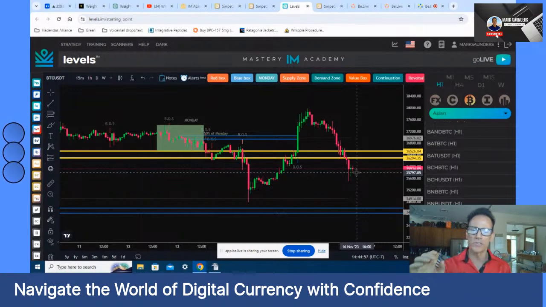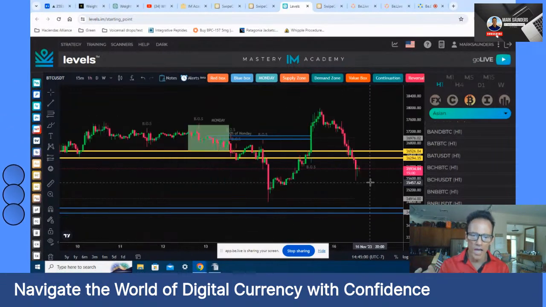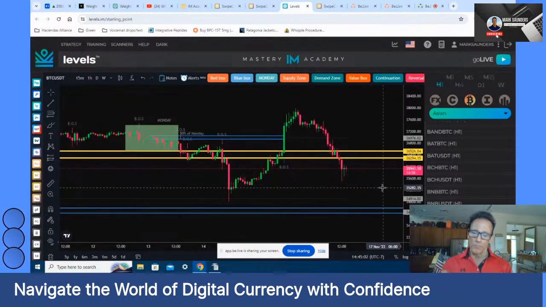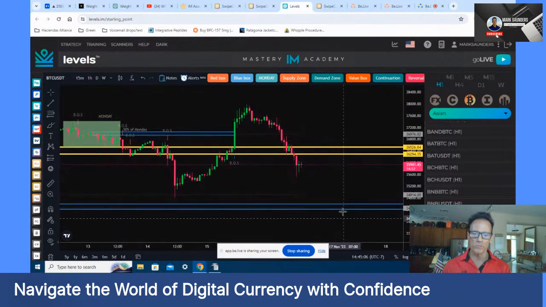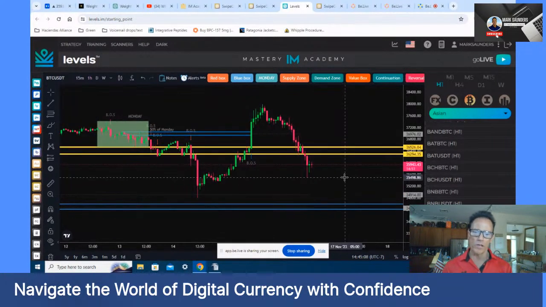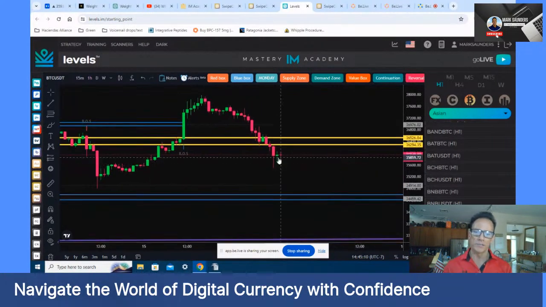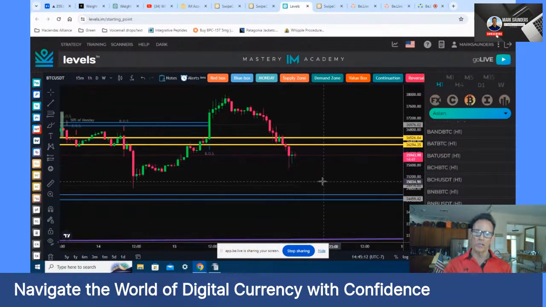So this is Bitcoin on the 1-hour time frame. This is kind of what I have marked out right here. I have these two zones marked out right here. My sense is that personally, I'm going to be adding more to my position right here.